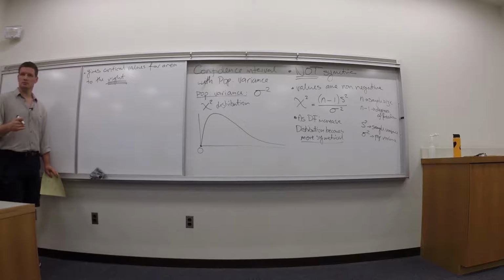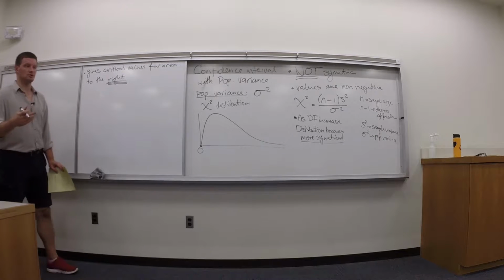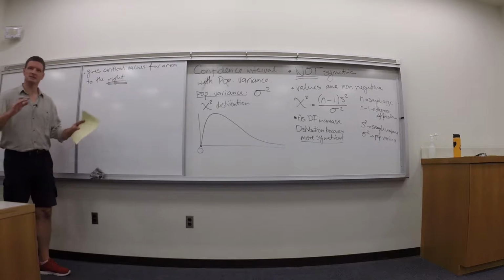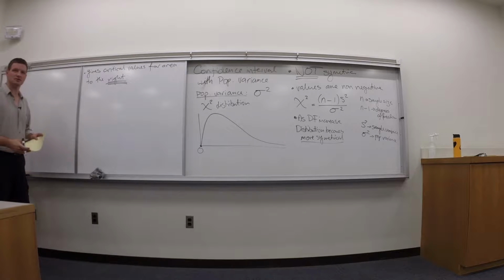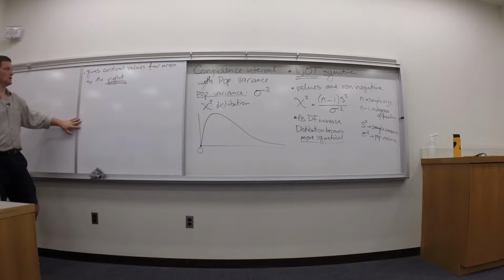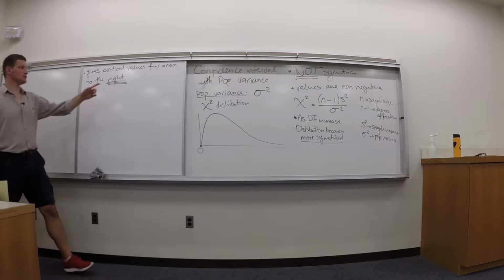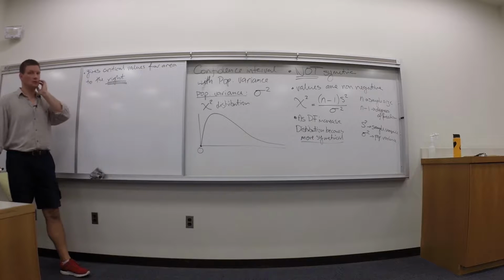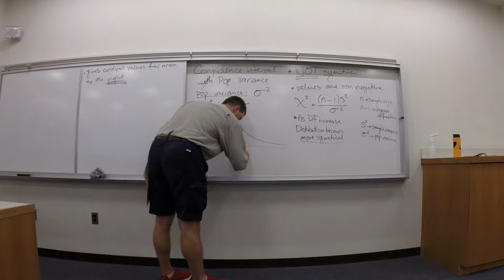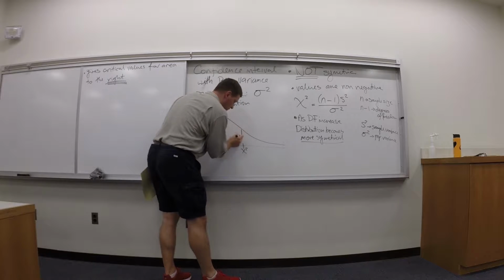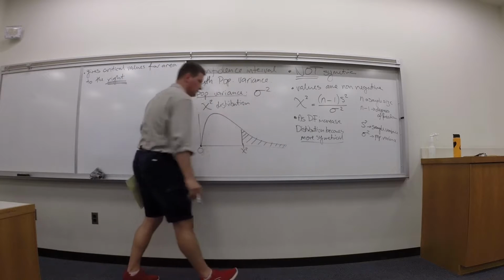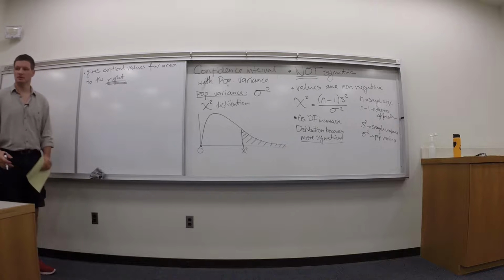Z-score was to the left, right? Chi-square is to the right. That's the reason why I'm trying to keep chi-square as a separate lecture, not combining with others. So if I have some critical value here, what it will give me is this area right here. So it gives us area to the right.